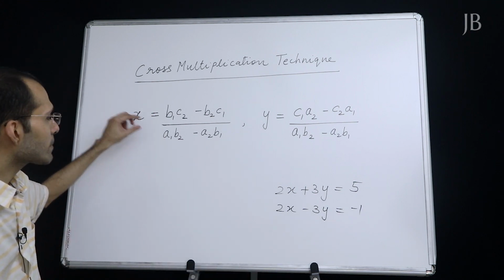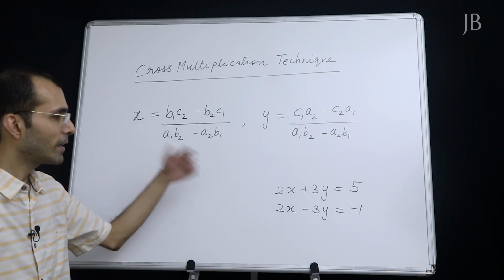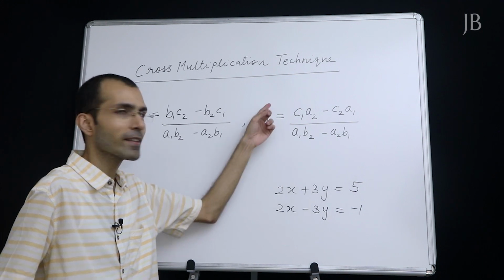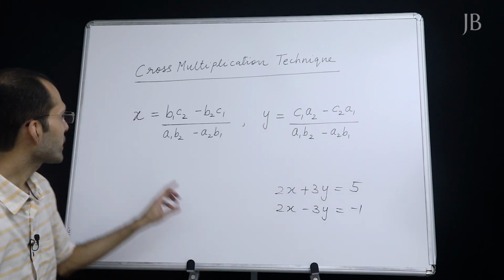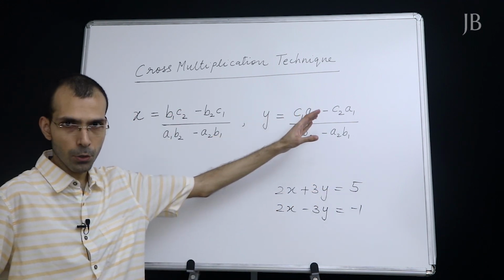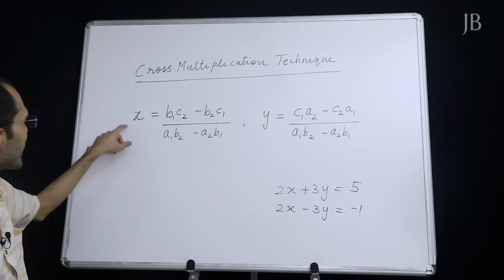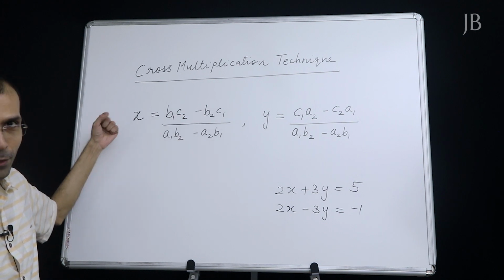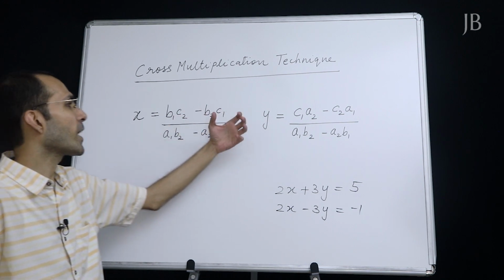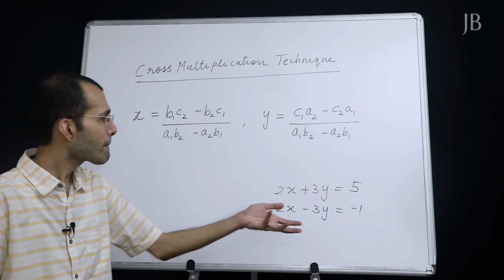So when they say x, it is the first variable, and then you have the second unknown, that is y. So this is the formula. I will tell you how to remember this. But keep one thing in mind, when we say x equaling, x is one of the roots of the equation, y is the other root of the equation.